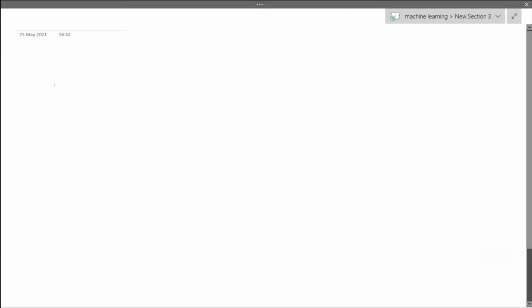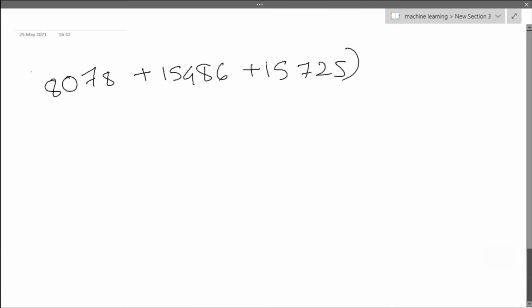Let us look at another example. Find the remainder of 8078 plus 15486 plus 15725 when this number is divided by 8. Here we can apply the same trick as previous.